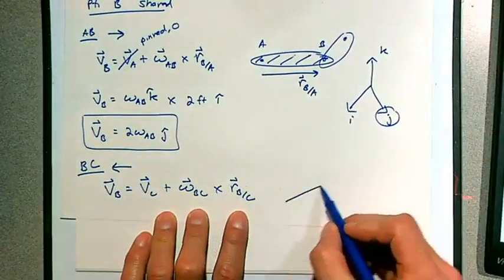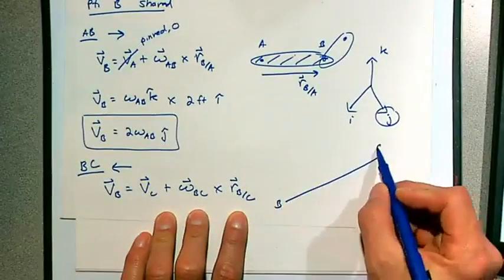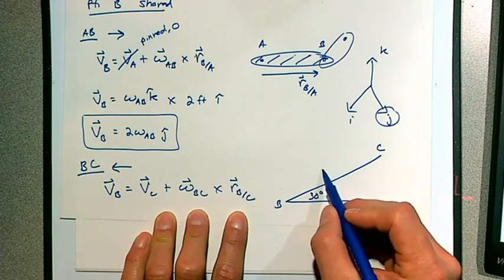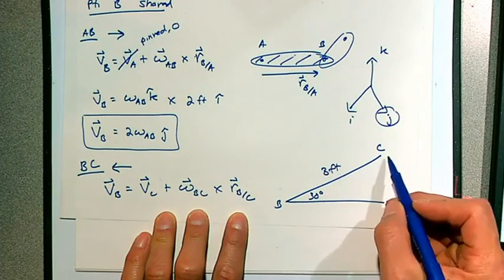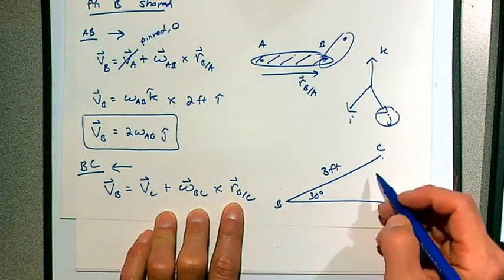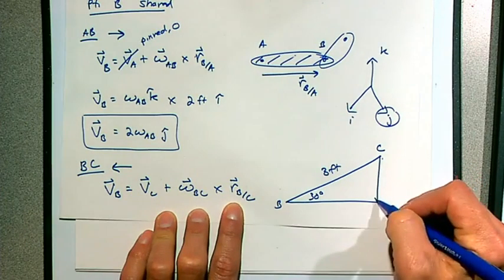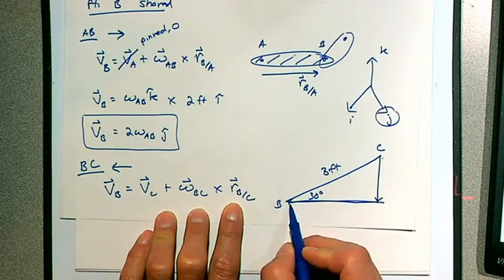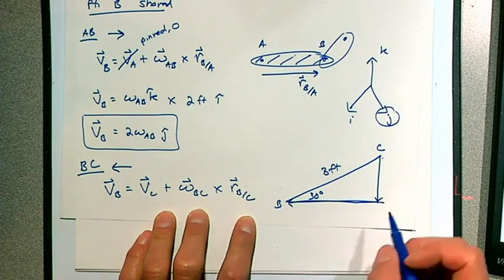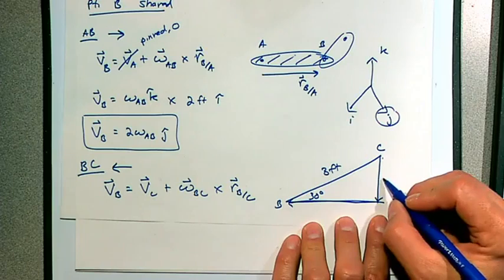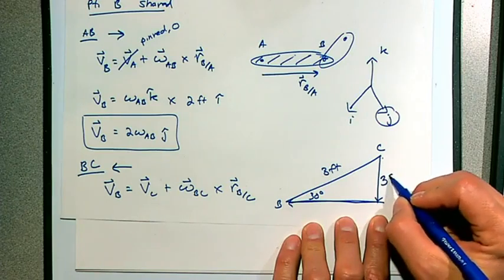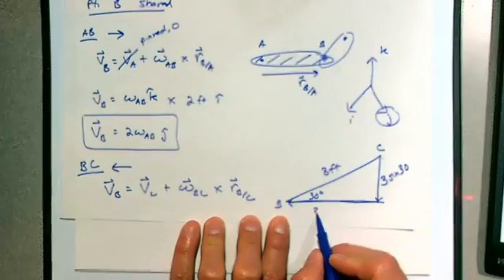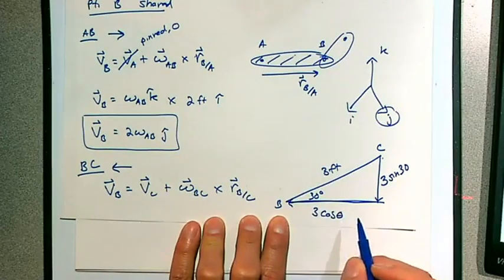This vector from C to B is a little sneakier: 30 degrees, 3 feet. So for RBC, I've got to come down in the Y and then back in the X. This would be my y component, 3 sine 30, and my x component, 3 cos 30.